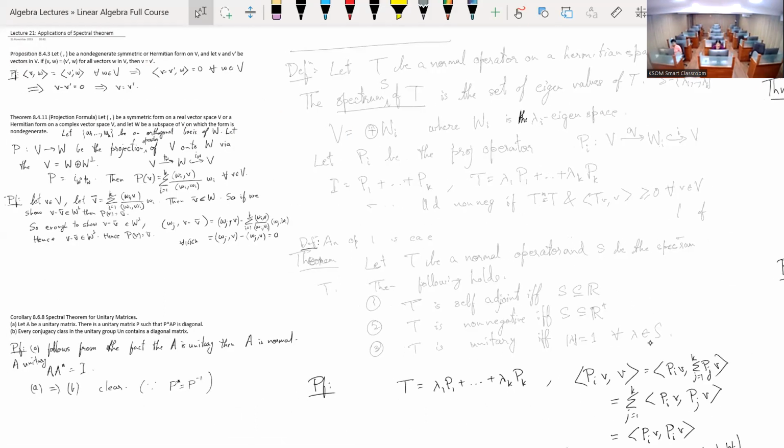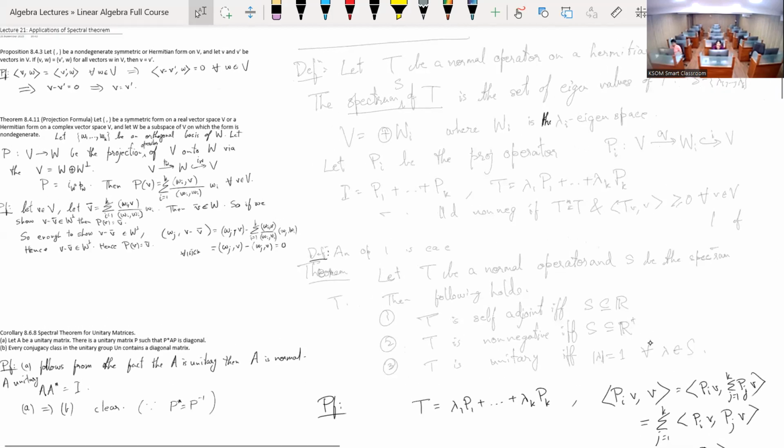So let T be a normal operator. I'll begin with some terminology. Let T be a normal operator on a Hermitian space V. The spectrum S of T is a subset of the complex numbers: the set of eigenvalues of T. So S is lambda 1 to lambda k.